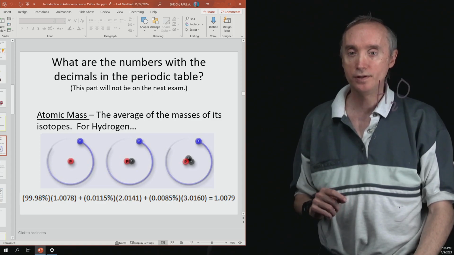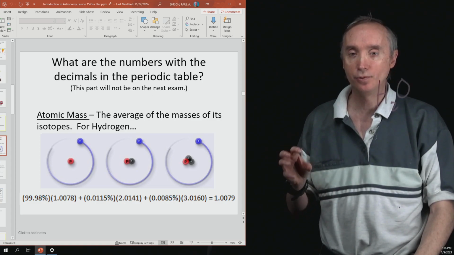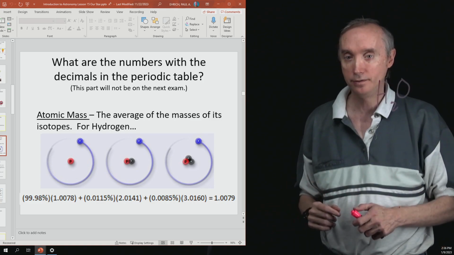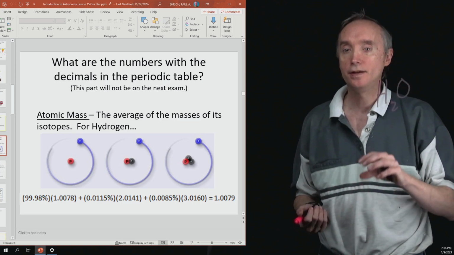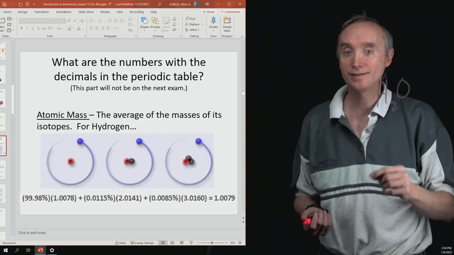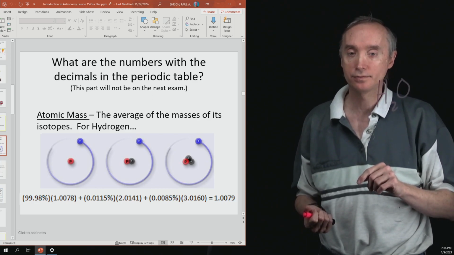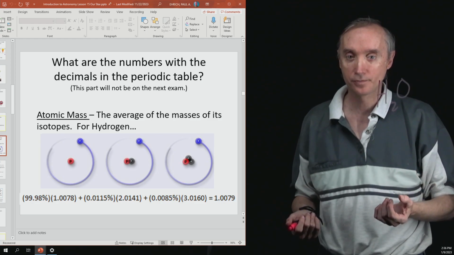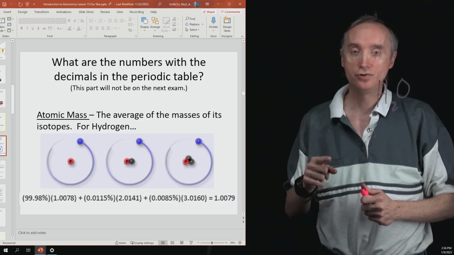So do you remember that we said that 99.98% of all hydrogen is ordinary hydrogen? We're going to multiply that by the mass of a single proton, which is 1.0078 atomic mass units. Then we're going to add to that the deuteriums.